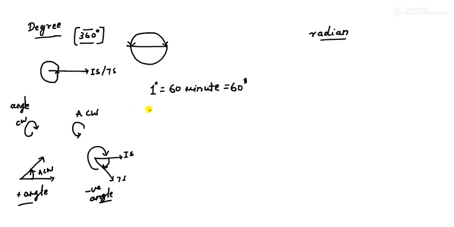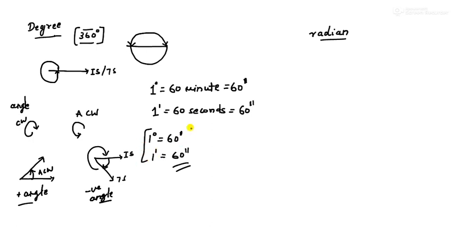Now 1 minute has 60 seconds, same as your watch or clock, and it is represented like this. So 1 degree means 60 minutes, and 1 minute has 60 seconds. These you have to remember, which will be necessary while solving problems in future.